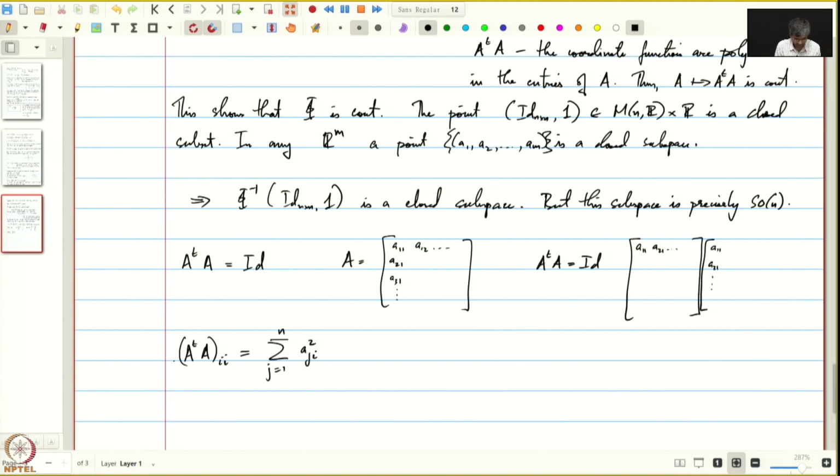Okay, and since A transpose A is identity, this sum has to be equal to 1, right. And when we take the sum over all i's, this implies the summation over i, j of A_ij squared is equal to n, for every A in SO(n).